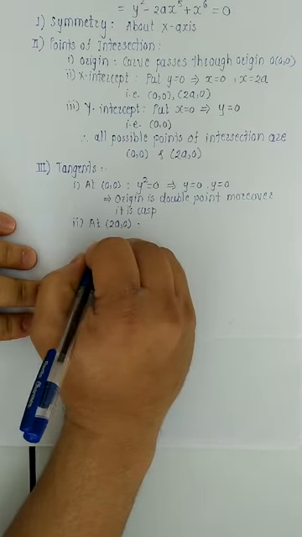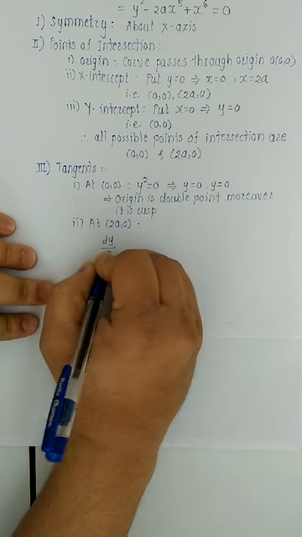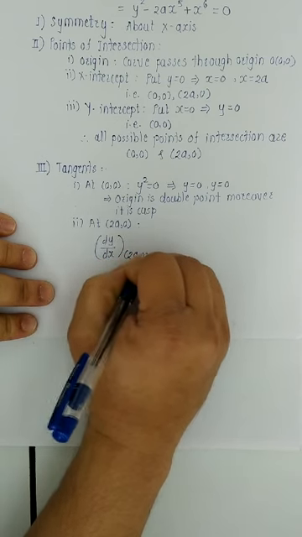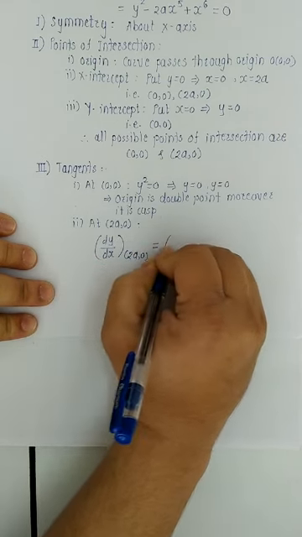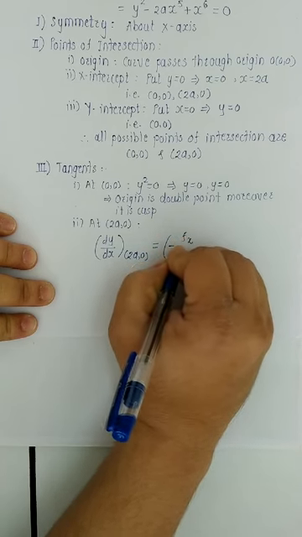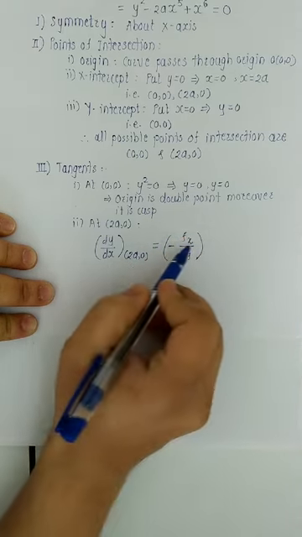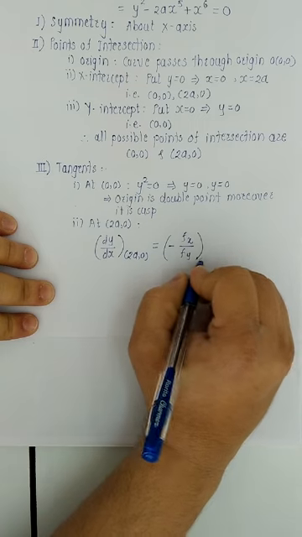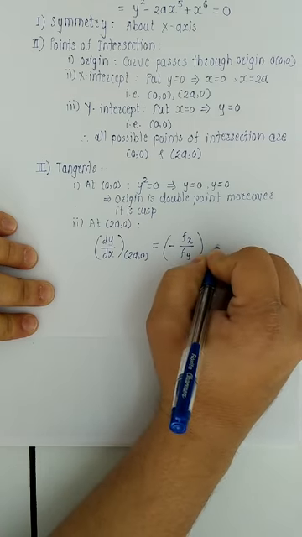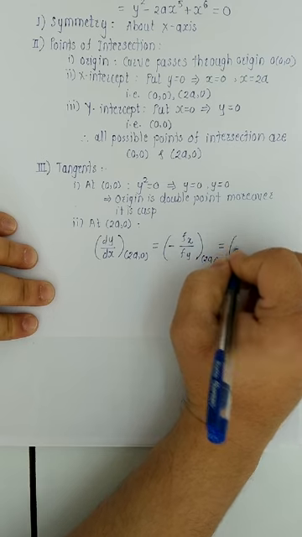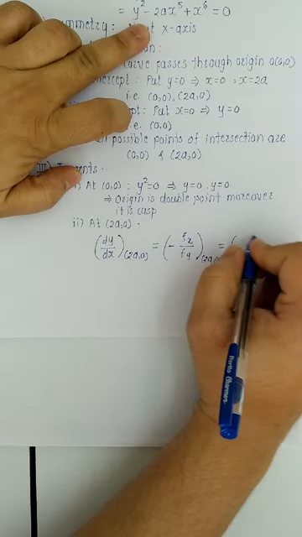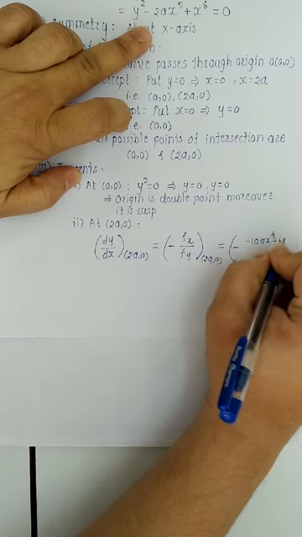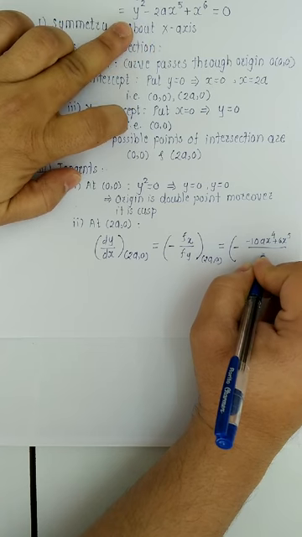For that, we need to obtain the slope of the tangent at that point. So dy by dx at 2a comma 0 will be evaluated as minus fx upon fy, that is, the partial derivative of f with respect to x divided by the partial derivative of f with respect to y at the point 2a comma 0, which is equal to minus 10a x raised to 4 plus 6x raised to 5, divided by 2y.